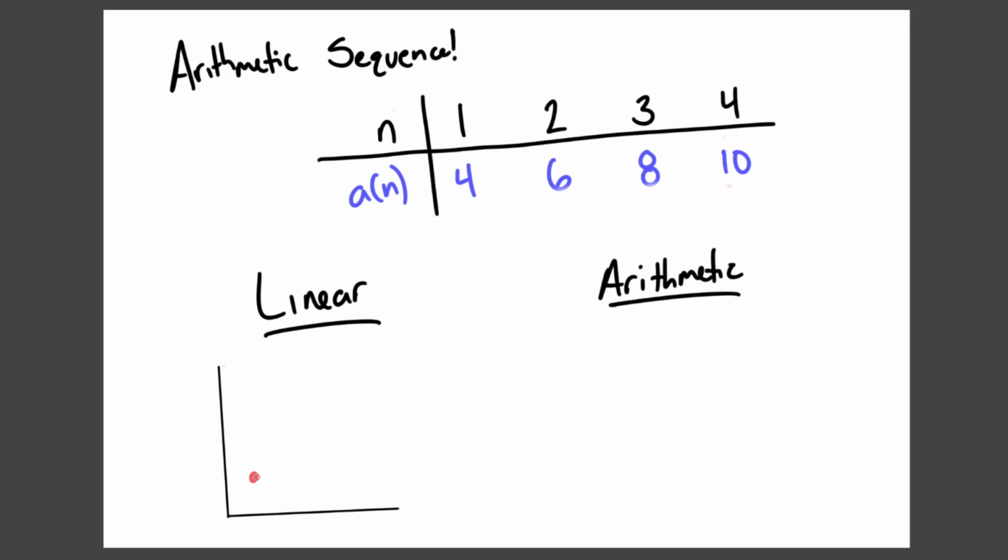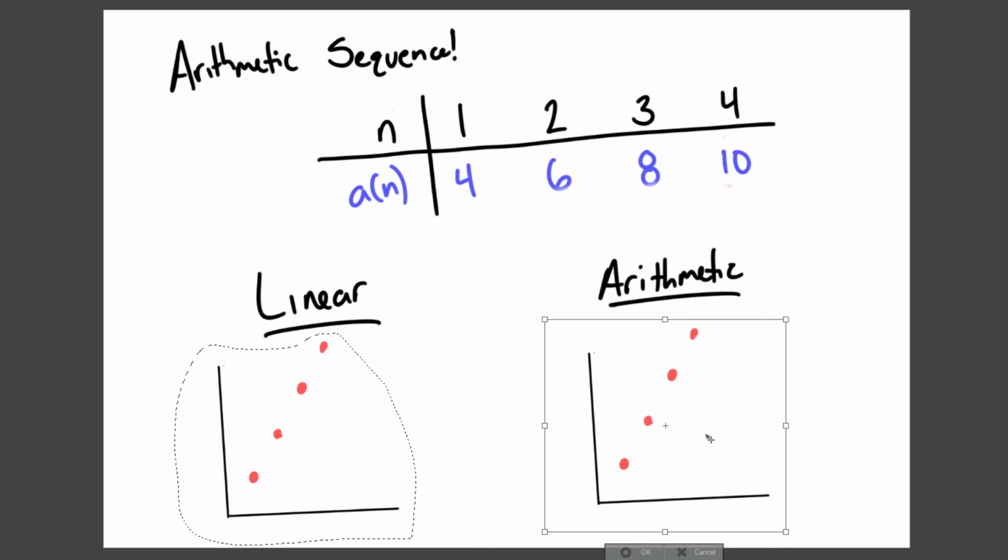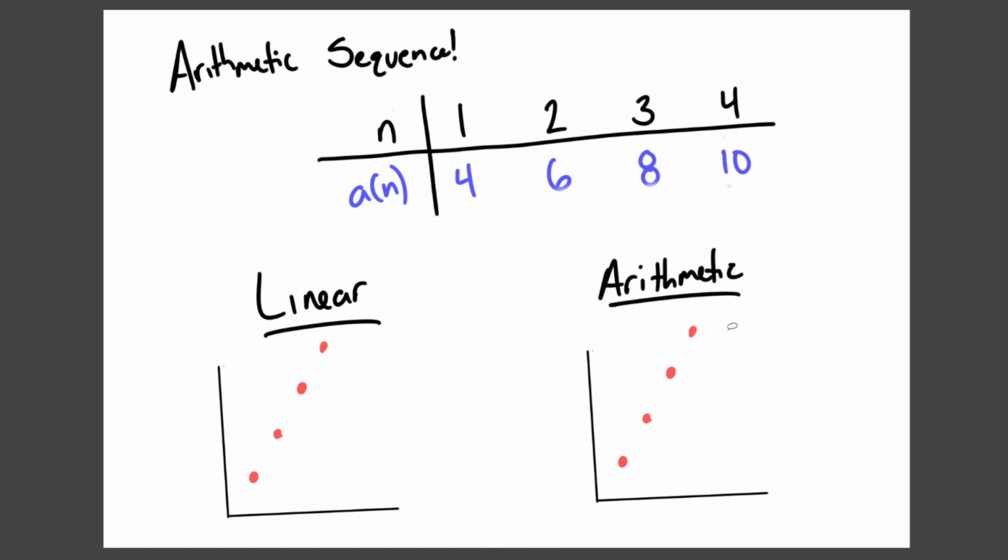I've got 1 point here, point here, point here, and point here. I'm actually going to copy this graph and paste it over here so I can show you the exact difference between these two. So same exact graph happening over here.